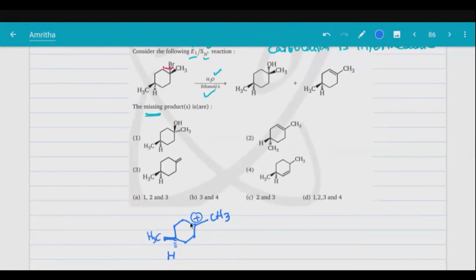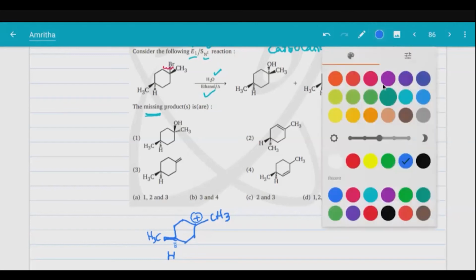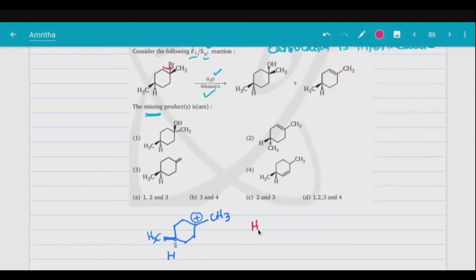If there is a carbocation, now water can attack, no? Very simple. If I take substitution first, let us take SN1. This can attack from up or from down, both the directions. Now don't change this chiral center, this will be as it is. But at this position, water means OH will come either up or down.